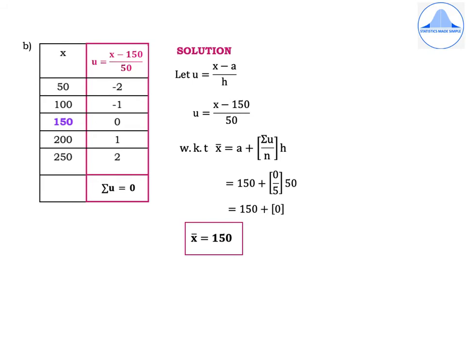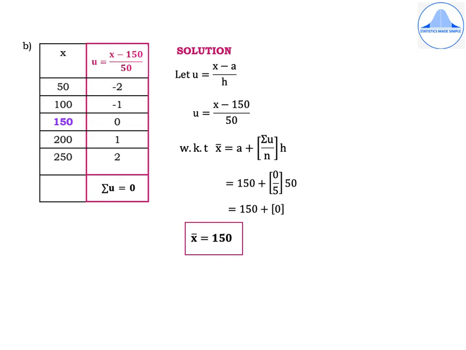So we get u equal to x minus 150 divided by 50. So form the second column in the table as u equal to x minus 150 by 50. So when you substitute the x values and simplify, you get the u values as minus 2, minus 1, 0, 1 and 2, and summation u is equal to 0.